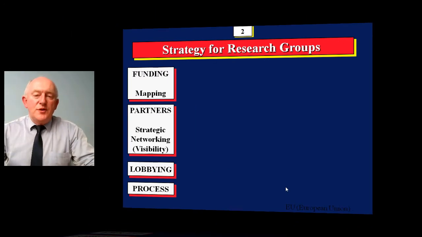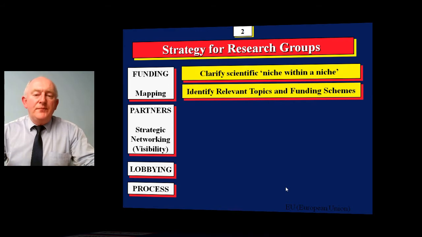Now basically what you're going to present, you're going to identify which funding opportunities exist. At the moment we're going to analyse Framework 7 and use that as a basis of identifying which topics in the programme are relevant to you.